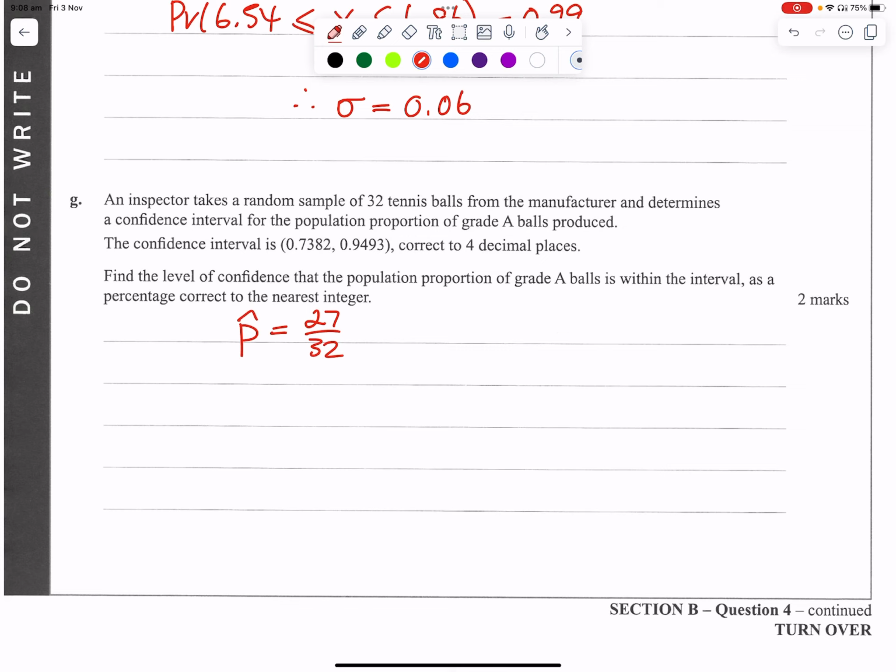All right. So what are we trying to find? An inspector takes a sample of 32 and determines the confidence interval for A-grade balls to be that. Find the level of confidence that the proportion of A-grade balls is within the interval as a percentage.